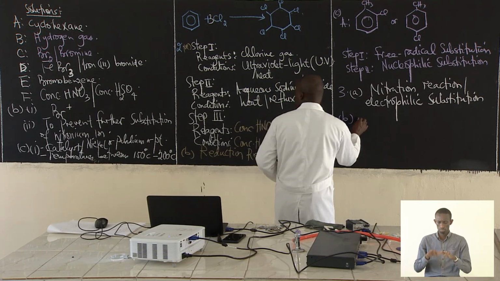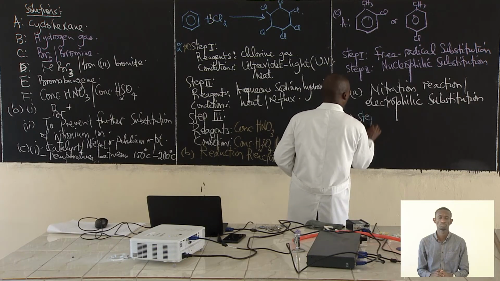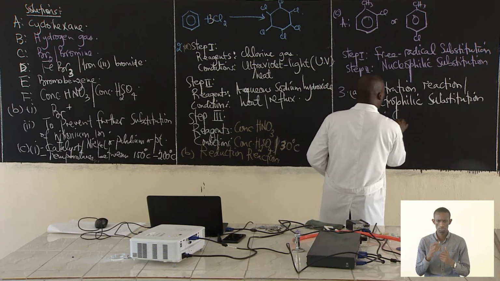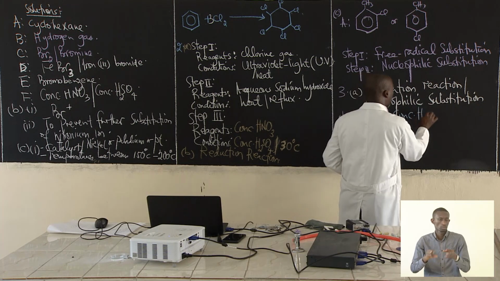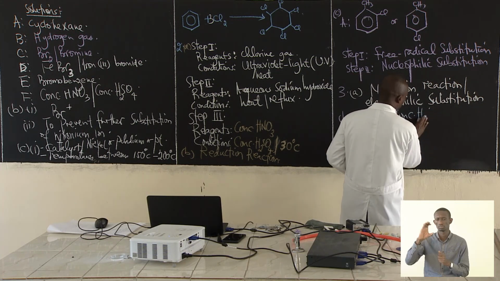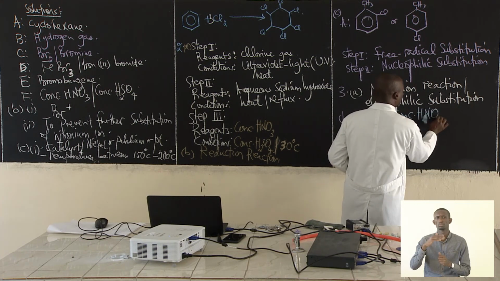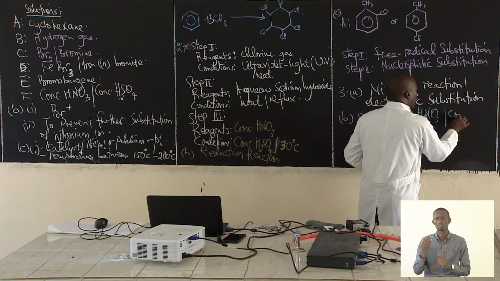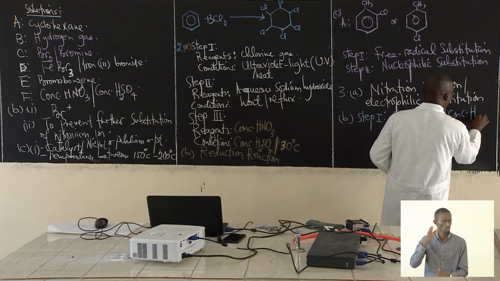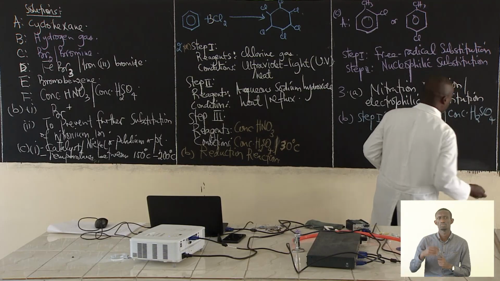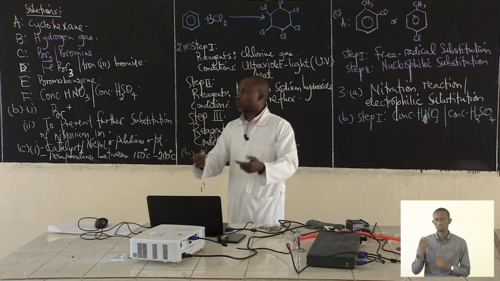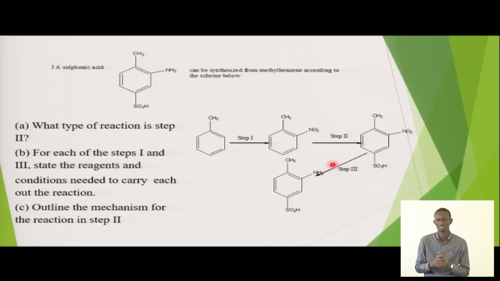So the reagents we have mentioned before, for step number 1, we'll have concentrated sulfuric acid and concentrated nitric acid first. Concentrated sulfuric acid is used as a reagent, though it is also used as a catalyst. Dilute nitric acid can also be used.